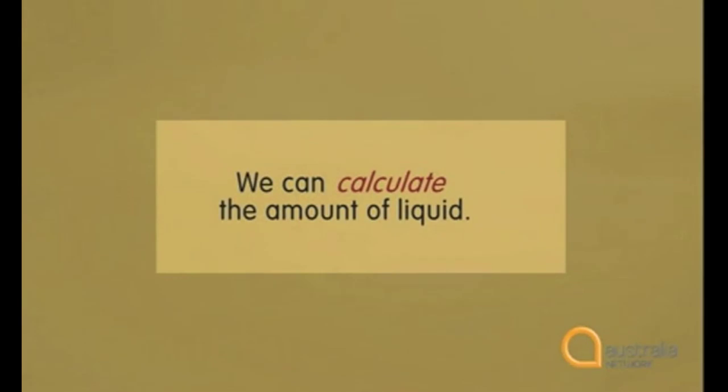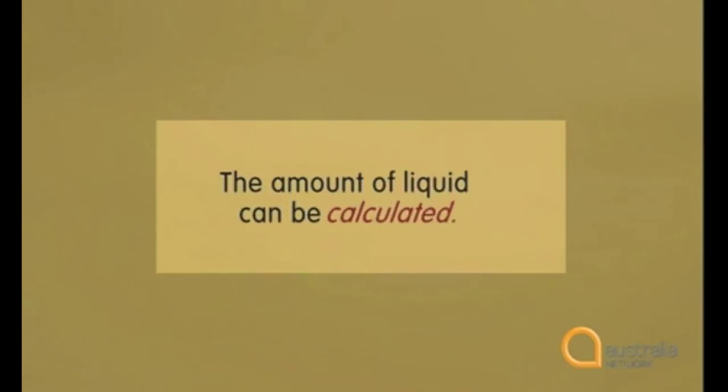So the full verb phrase can calculate becomes can be calculated. Remember that a passive sentence starts with the object, then the verb. So we can calculate the amount of liquid becomes the amount of liquid can be calculated.